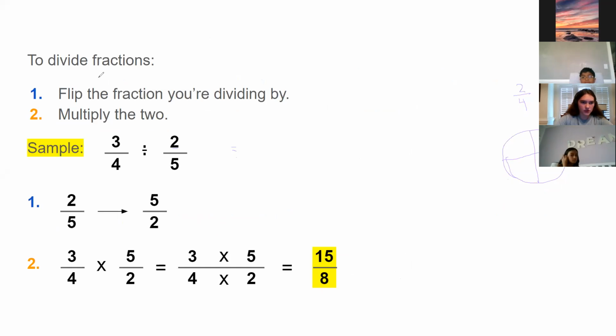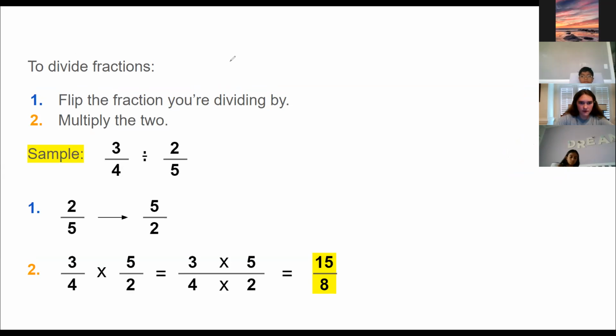To divide fractions, flip the fraction you're dividing by and then multiply the two. So a sample would be 3/4 divided by 2/5. Can you guys see my annotating? I feel like it's a little small. Okay, so to flip the fraction you're dividing by, 2/5 turns into 5/2.